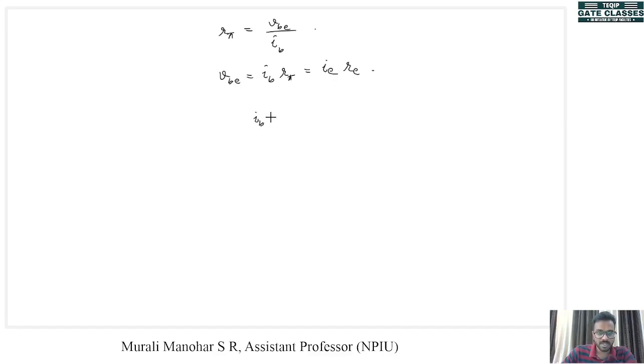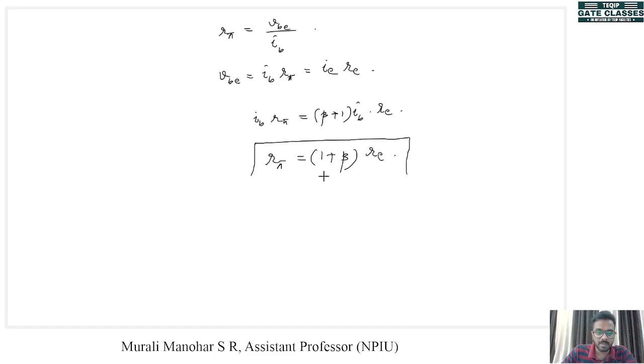So this can be written as ib into r pi is equal to beta plus 1 ib into re. So r pi will be equal to 1 plus beta into re. So this is the relationship between r pi and re. So these are the small signal input resistances in a transistor.